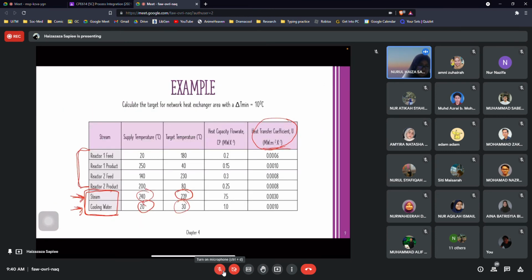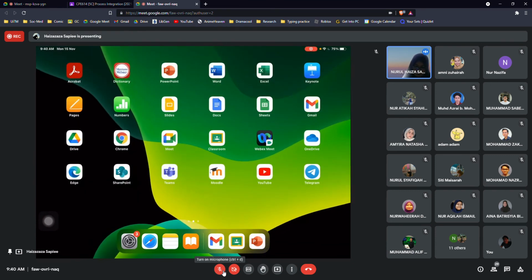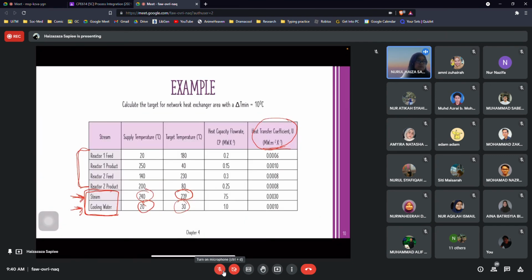So sebenarnya kita akan check balik graph yang kita dah plot tadi. So it would be based on kita punya value of your hot composite curve. So if you remember balik, and I don't remember if I have it on this. Ada ke? Sekejap.